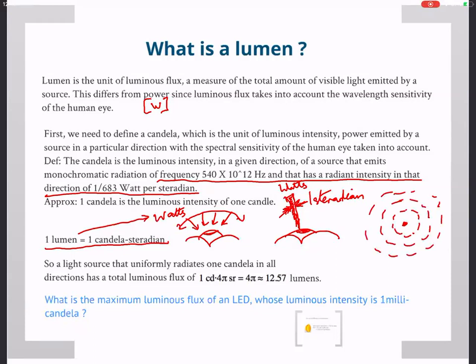If it was 1 candela, then its luminous flux will be 1 candela times 4 pi steradians, because 4 pi steradians is the solid angle of a sphere. You probably have learned this in high school. So it turns out to be about 12.57 lumens. Now a candela, we'll look at what these things look like in an actual system in a few minutes.